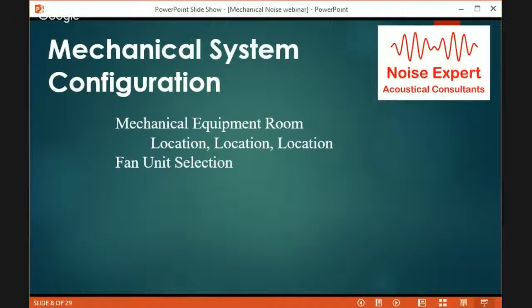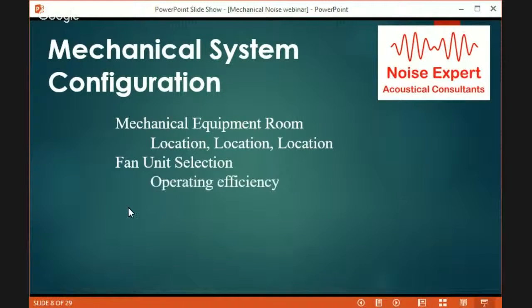And so we just have to take extra care with the mitigation. Sometimes we have to float a floor to get sufficient vibration isolation, or put in additional silencers that'll help reduce the noise if it's close to noise sensitive areas.